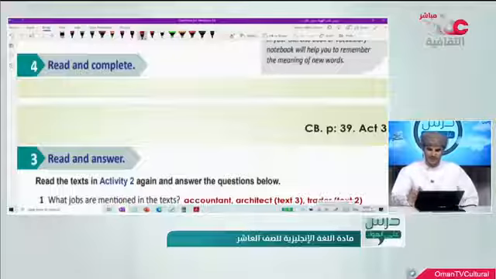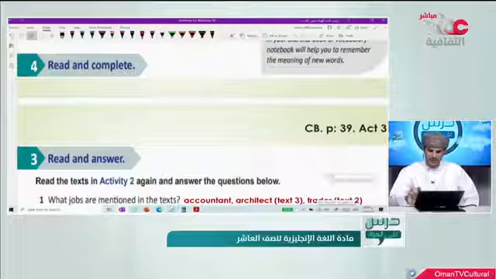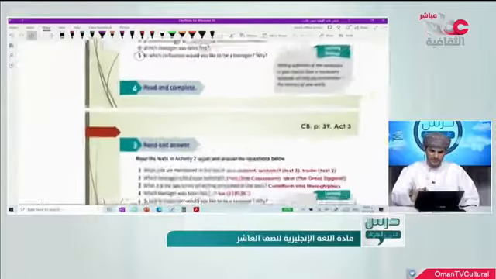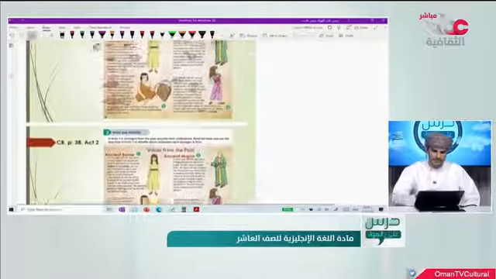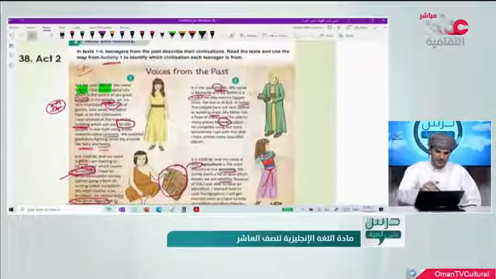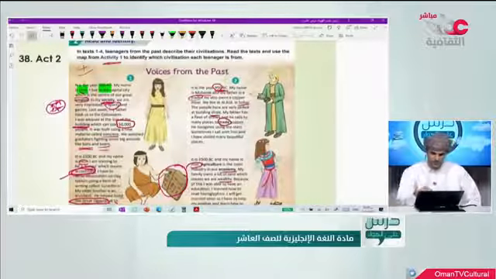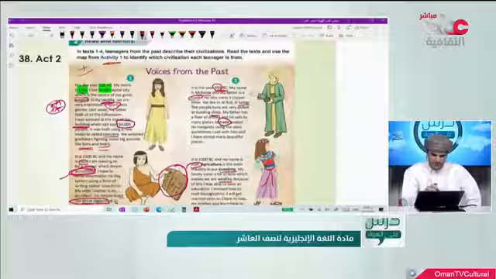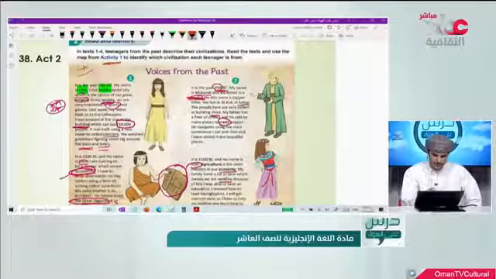Let's go back. Accountant, architect and trader. Text 2 and text 3. I just want to show you. So look here, trader, accountant in text 3.